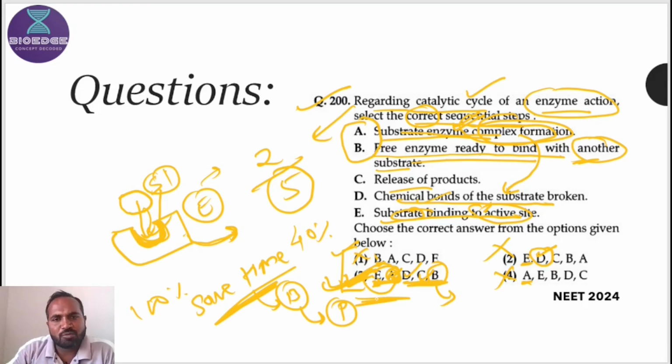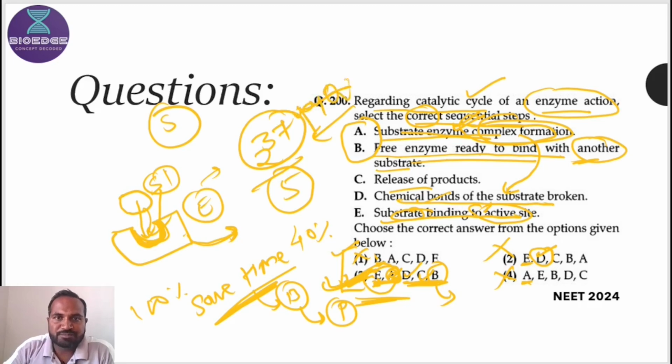There is a requirement of strategies, and these strategies would be covered in this BioEdge channel. So you must subscribe to this channel. I will cover all these strategies as well as all PYQs of 37 years of the biology subject. So I will cover all these questions.